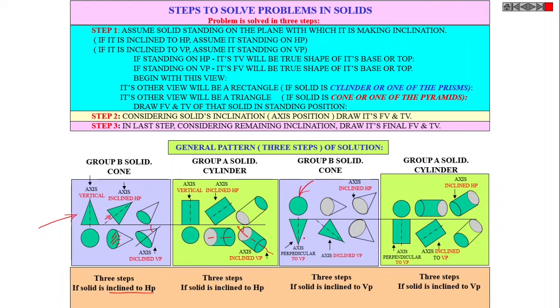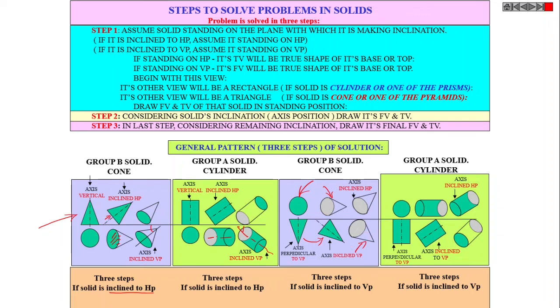Then we can tilt that axis like this. Then we can say that the axis is inclined to VP. Then after that we can provide inclination with HP like this. We can tilt this front view like this. Then we will get the final figure like this.